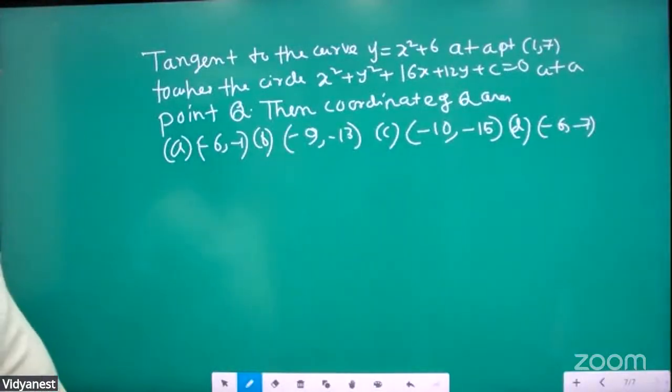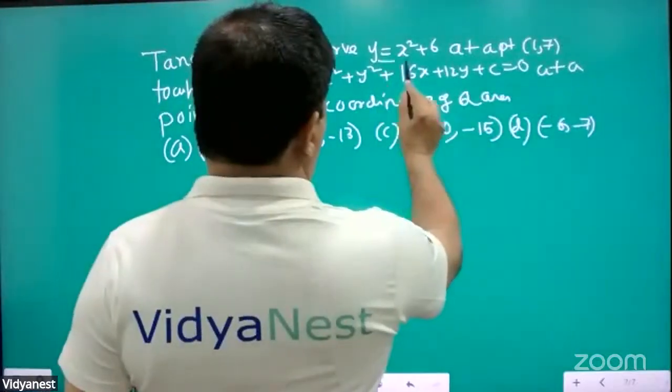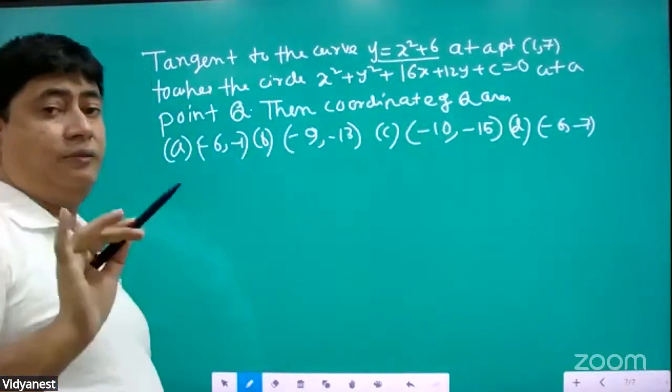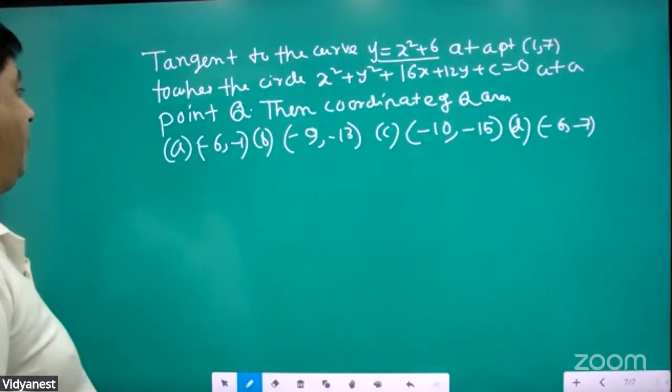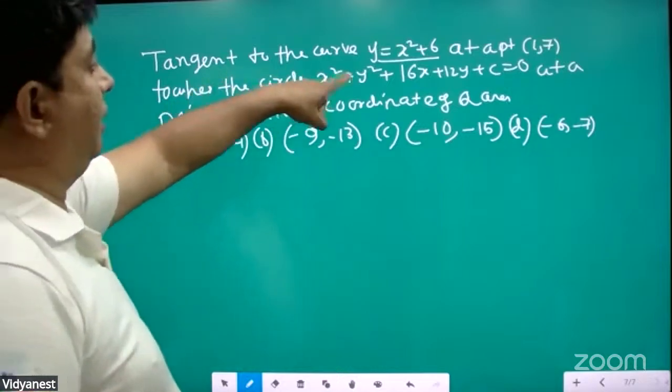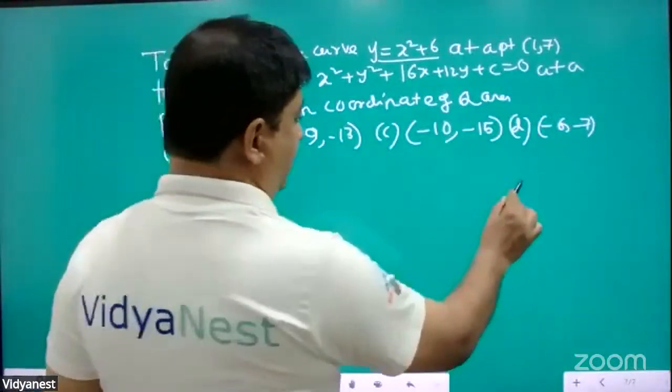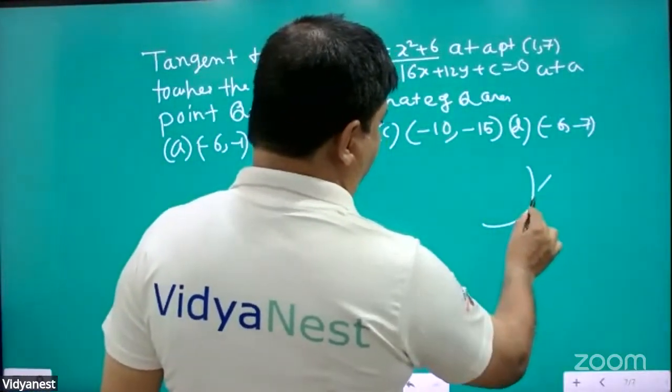Now, how to proceed? See, if you wish, you can proceed with differentiation. Tangent to the curve means the parabolic curve touches this circle. Okay, so that is a curve.